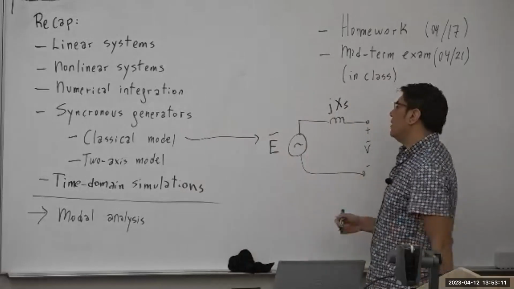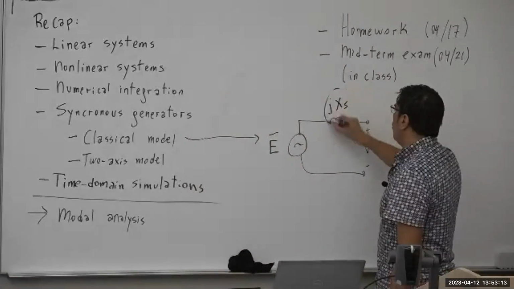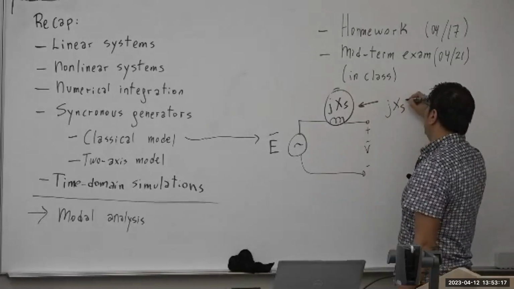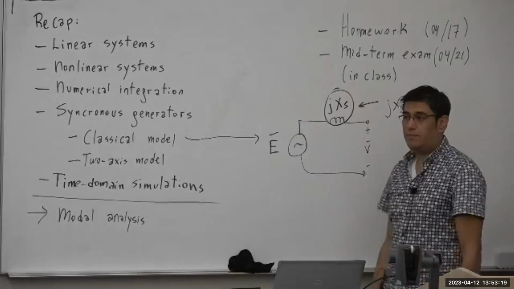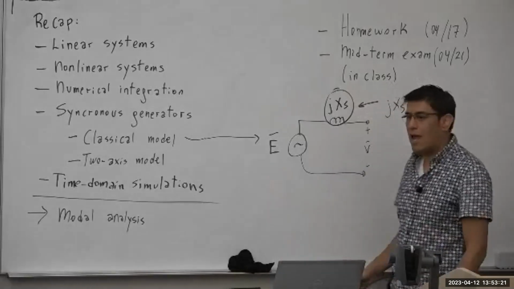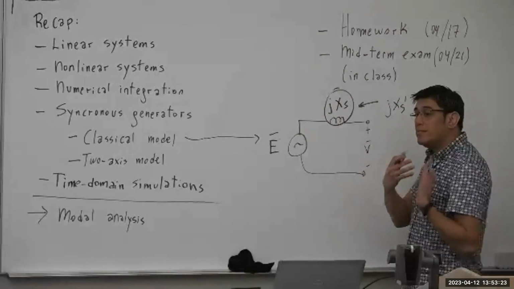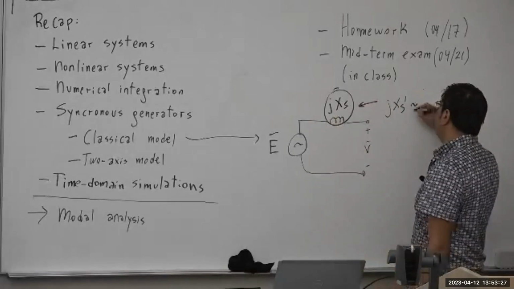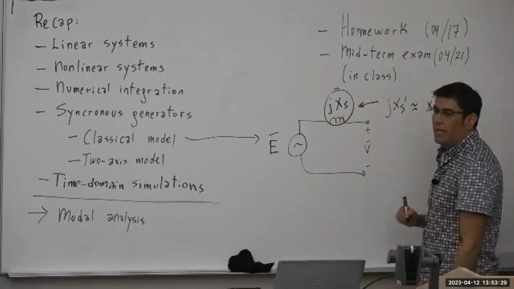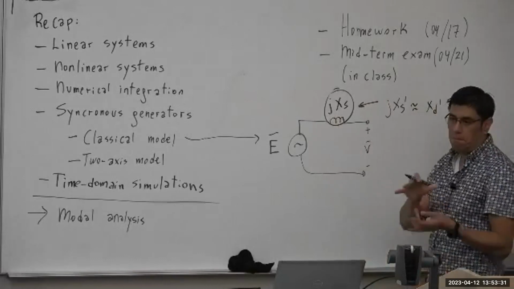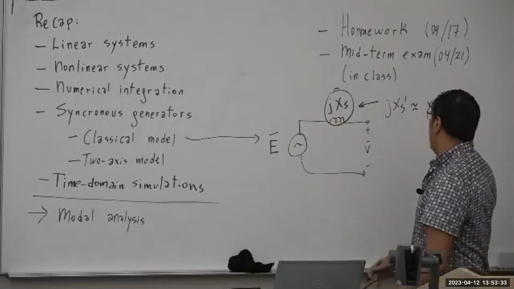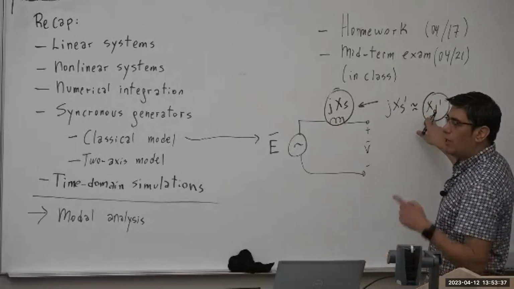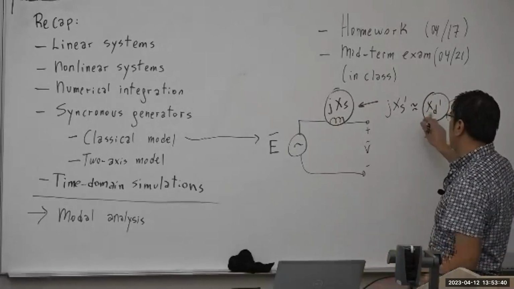But in practice, the classical model calls this reactance the transient reactance. What is the transient reactance? If we use the two-axis model that we widely use, this can be approximated to X_d prime. We can get a model for that, and we can have a physical meaning for this.